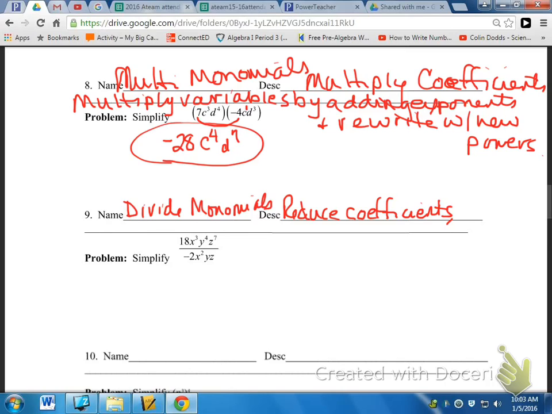You're going to cancel common variables. And then rewrite with new powers. Now these you will rewrite.